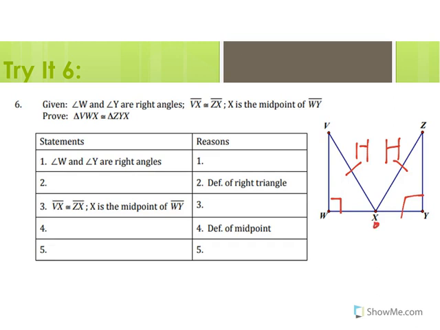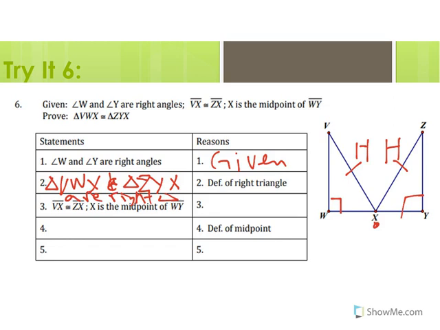Okay, so this is given, and those are right angles, so we can say that triangle VWX and triangle ZYX are right triangles because of the definition of right angle.